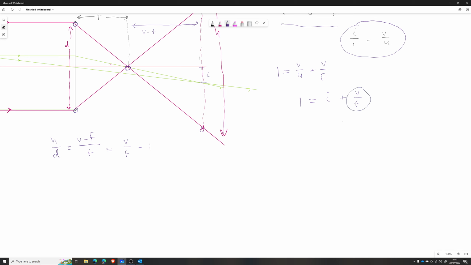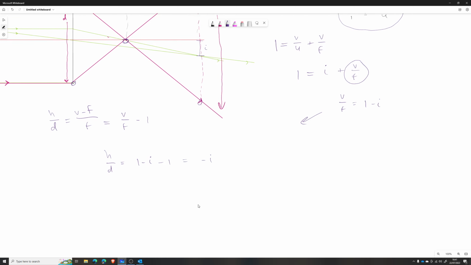If I do a quick rearrange over here, v over f is equal to 1 minus I. Sub that in over on this side and get h over d is equal to 1 minus I minus 1, which equals minus I. Remember that I itself is negative, so this minus sign, if you like, evaporates.